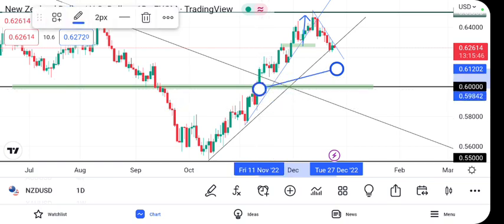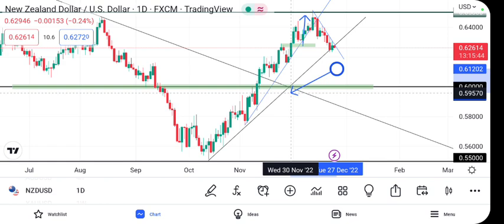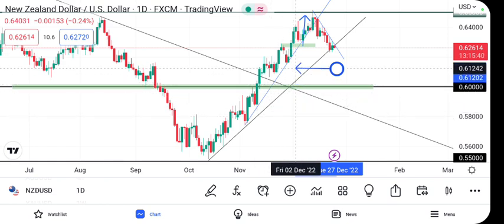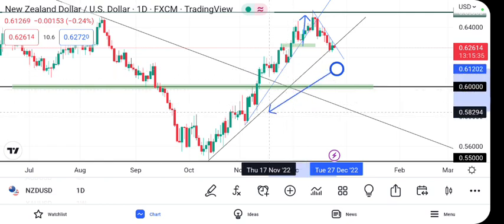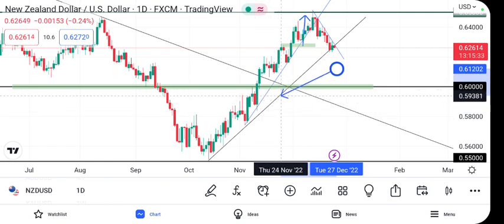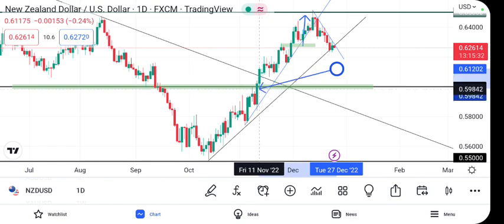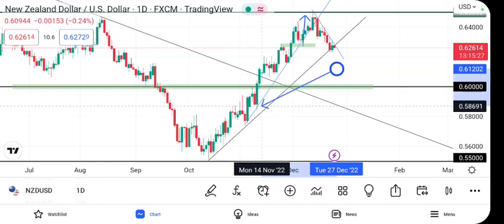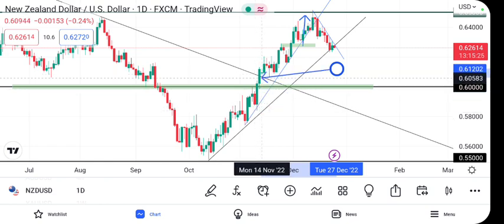This 0.60, it broke the zone with this green candle. As you can see, the green candle closed above this one. If you see these two, the second candle is what determines if the zone has been broken or not. So the first candle came into the zone, but the next candle got above the zone.